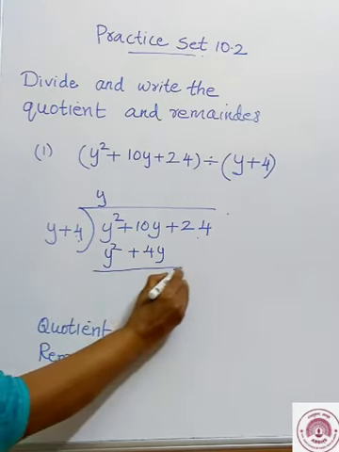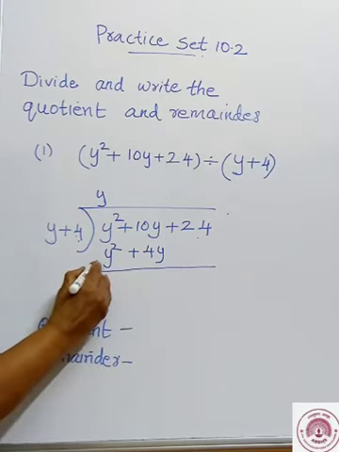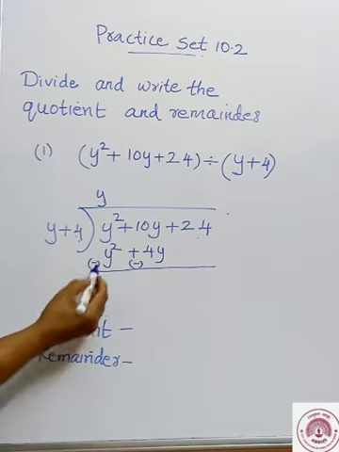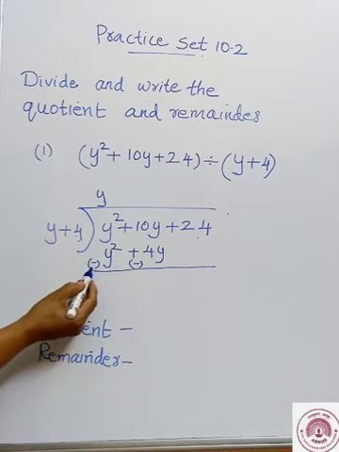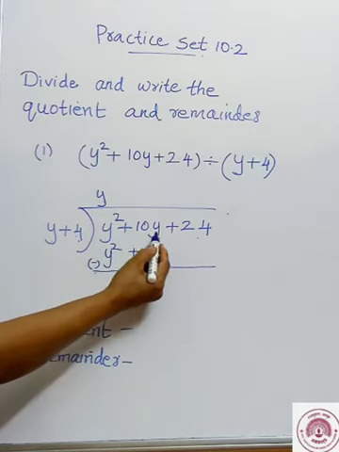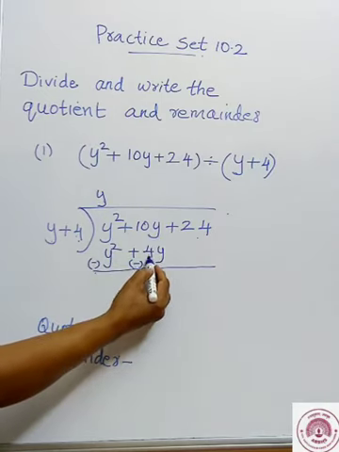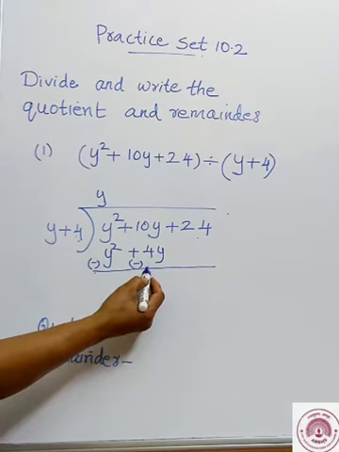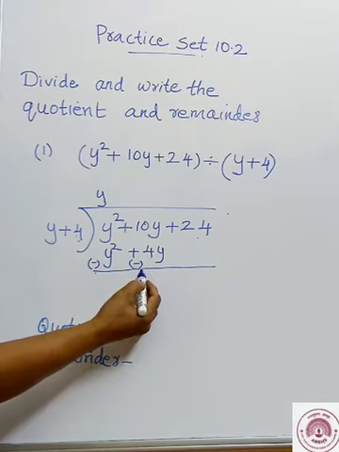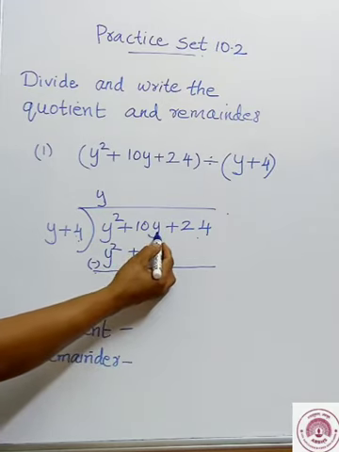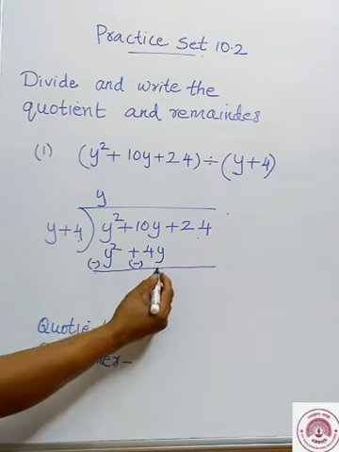Now subtracting, this sign will change. Plus becomes minus. If sign is not given, that means it is plus. So this term will get cancelled. Now plus 10y minus 4y, after changing the sign of each and every term of the second expression, and then add plus 10y minus 4y.